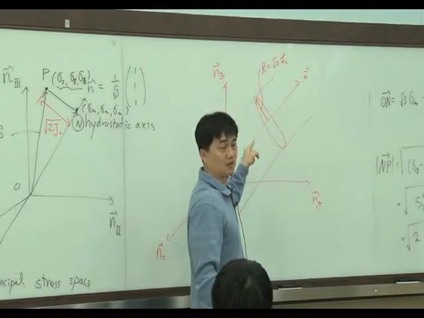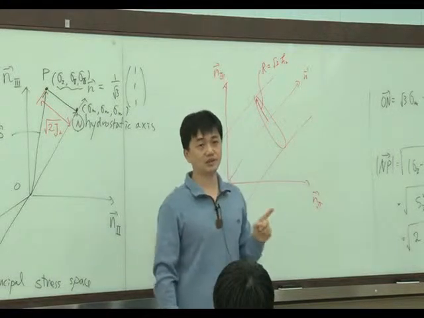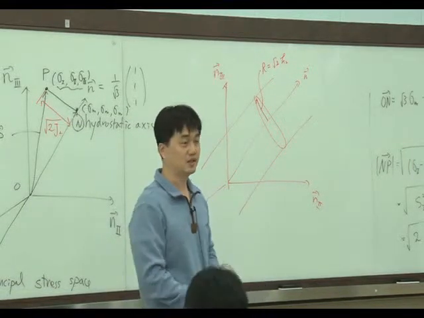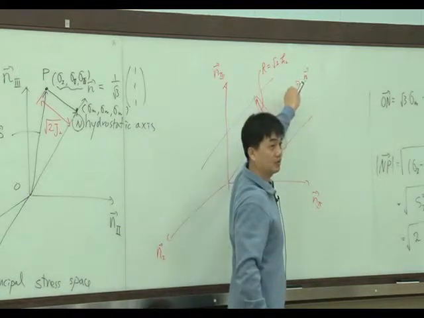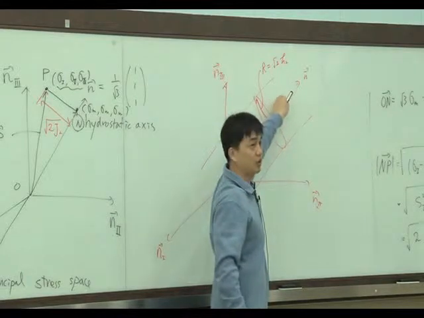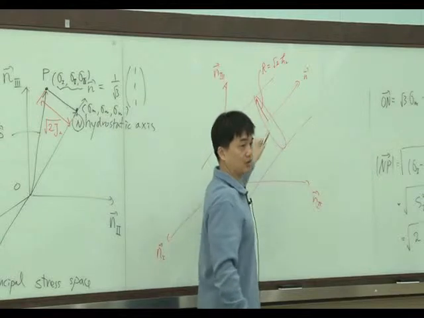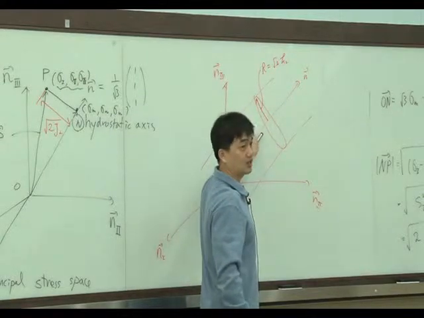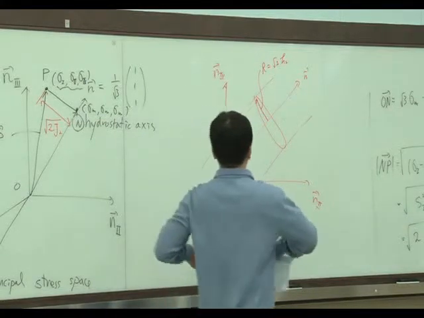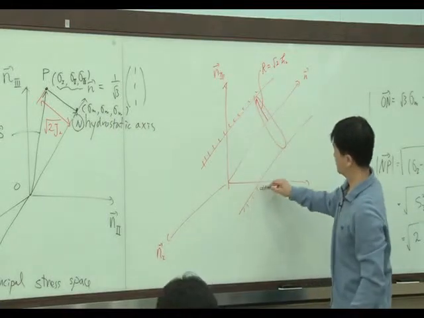Understand? And von Mises criteria physically means that for a hydrostatic stress state, the material never fails, right? For a hydrostatic stress state, the stress will always be on the hydrostatic axis, this N line here. Never fail. So this is a cylinder here.